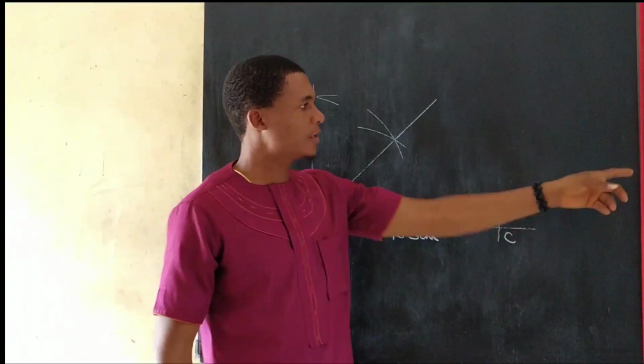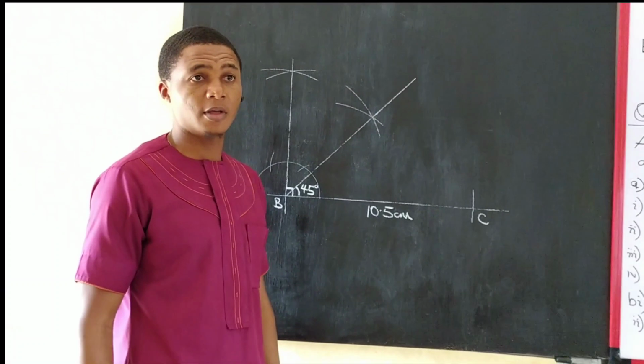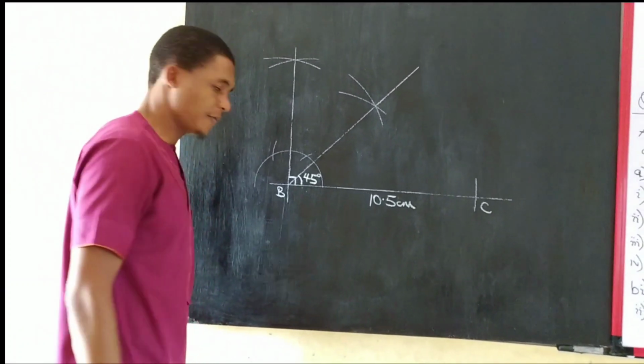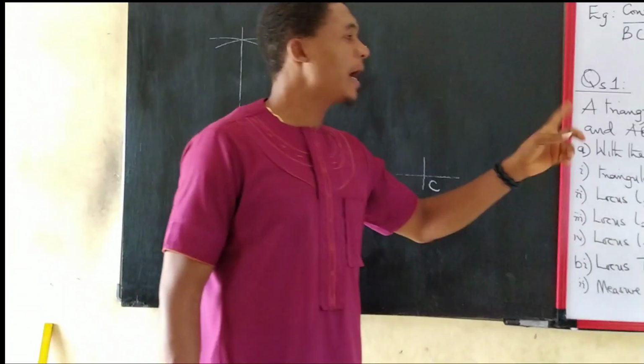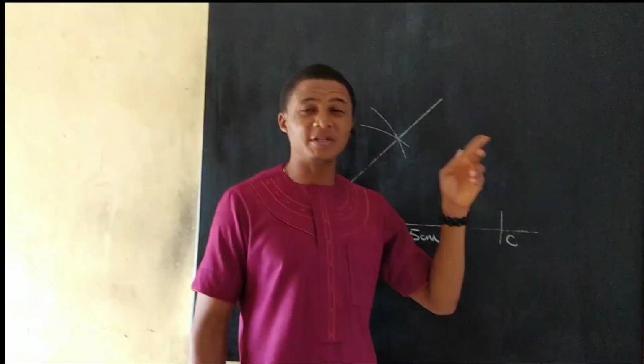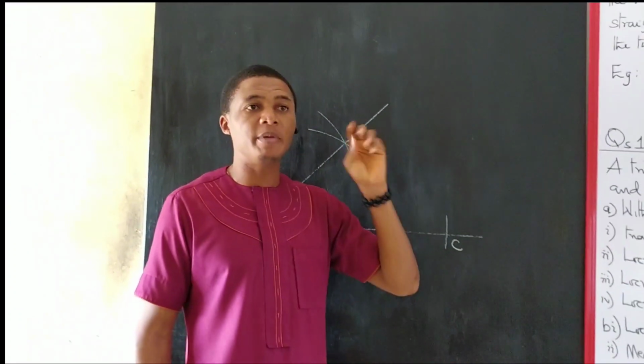Okay, the next one is 75. Now, what is needed to form 75? Remember, 75 happens to be one of the derived, or special, angles. So that means it's a combination of the basic angles.